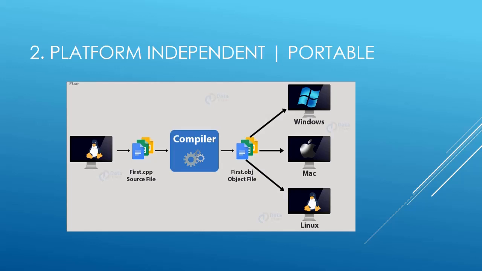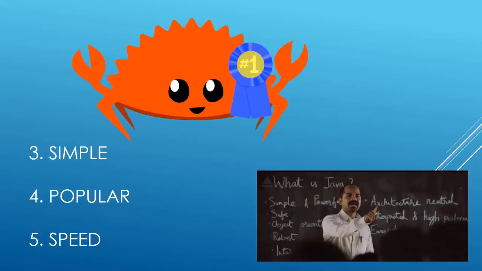You don't need the same device or the same operating system to run or write a C++ program. It is highly portable. The next features are: it is simple, popular, powerful, and it has speed.